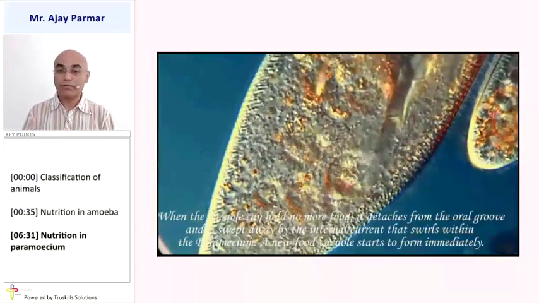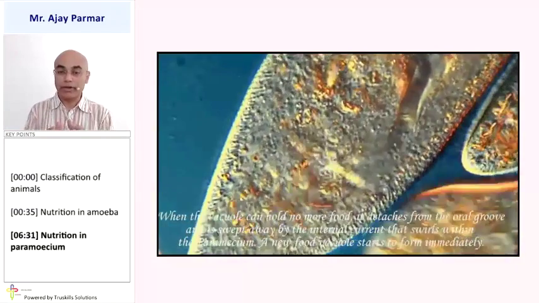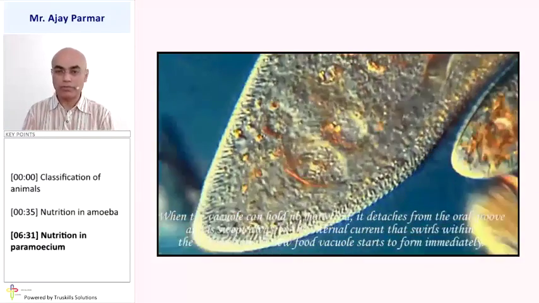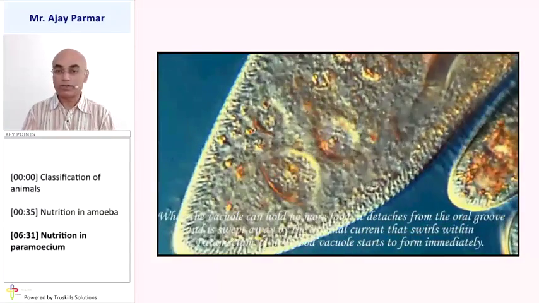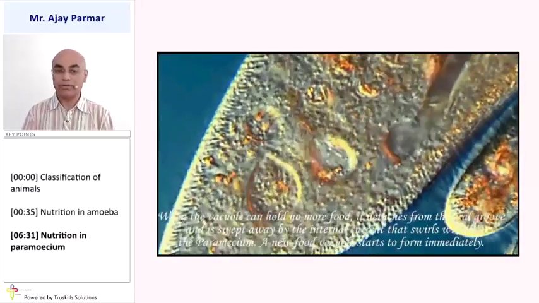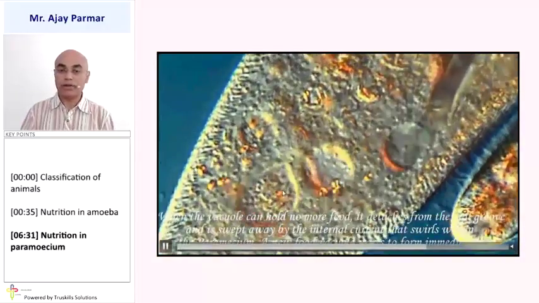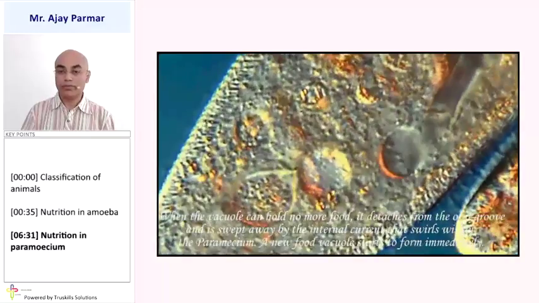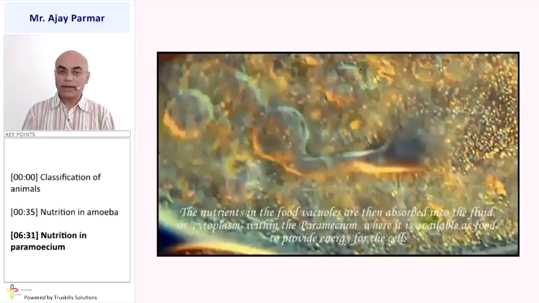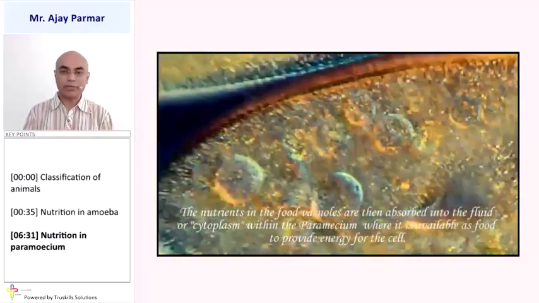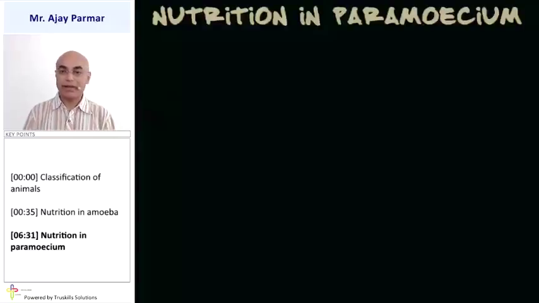As soon as a food vacuole is completed and filled, the beginning of a new food vacuole will take place. See, it is shown in a highly magnified form. This is completely filled, and a newly formed food vacuole. And the remaining processes take place exactly like in amoeba, and the same assimilation and egestion will also take place in case of paramecium.